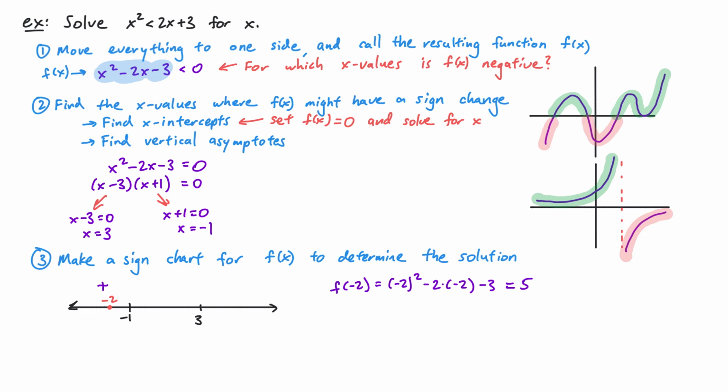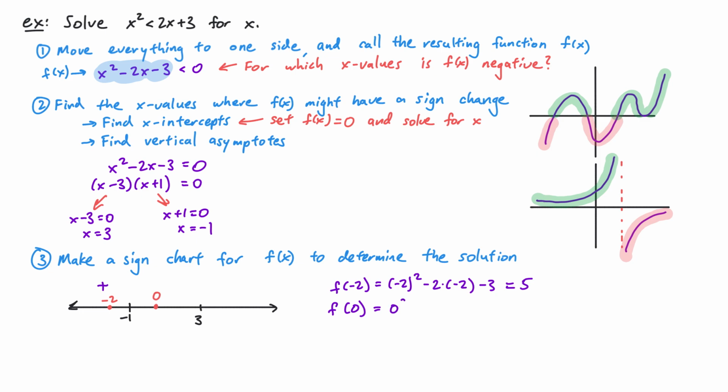Now let's repeat this process for our middle interval here. My function is not going to change signs anywhere between -1 and 3. So we can pick any x value there, plug it into my function, and see what sign the output is. For example, we can pick something like x equals 0. So evaluate in our function f of 0.